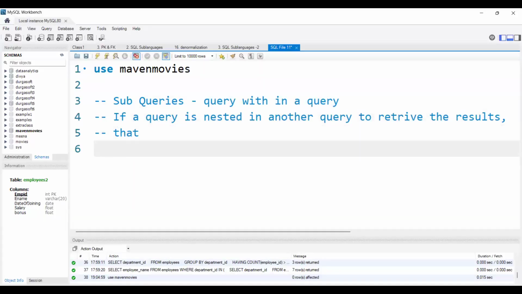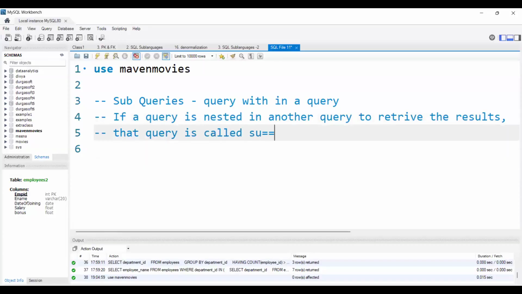We will write one query, and within that we will write another query. If we keep one query inside another query to retrieve the results, then that query is called a subquery. Let's see some examples, then you can understand.